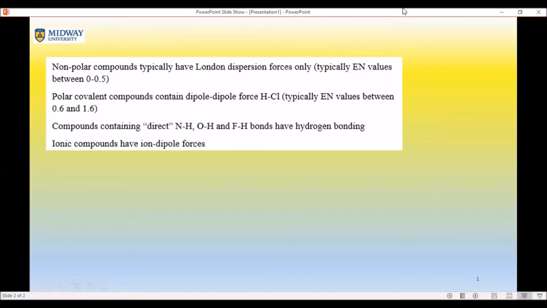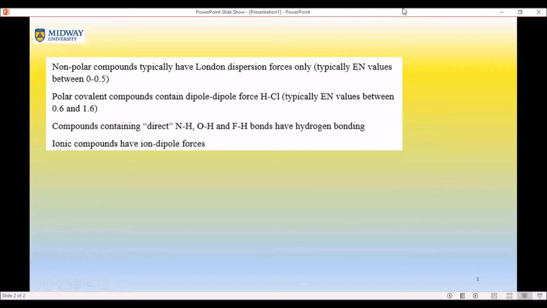Keep in mind, I have put the word direct. So if the hydrogen is not directly attached to the nitrogen, if it is somewhere in the molecule but is not directly attached to a nitrogen, oxygen, or fluorine, that compound cannot have hydrogen bonding. So there must be a direct attachment of hydrogen to nitrogen, right?